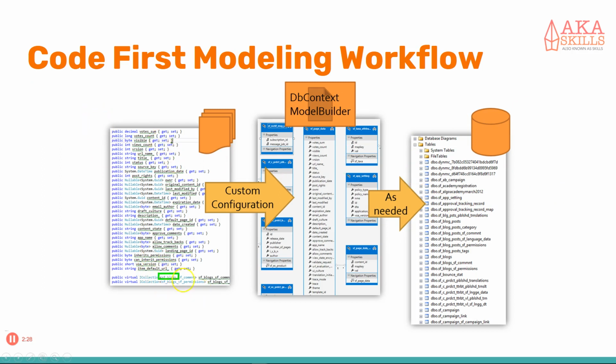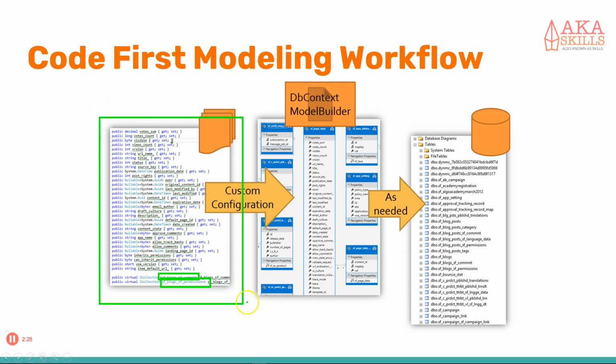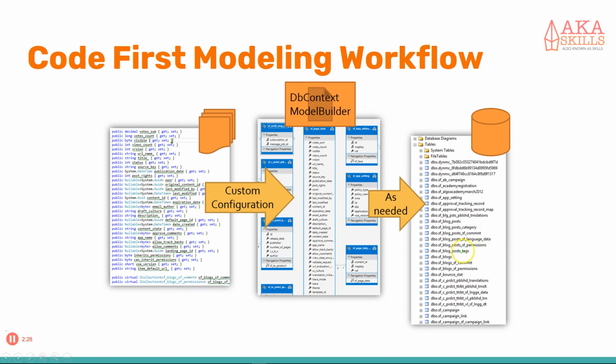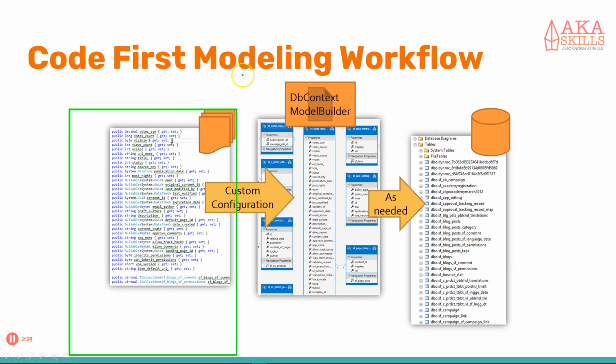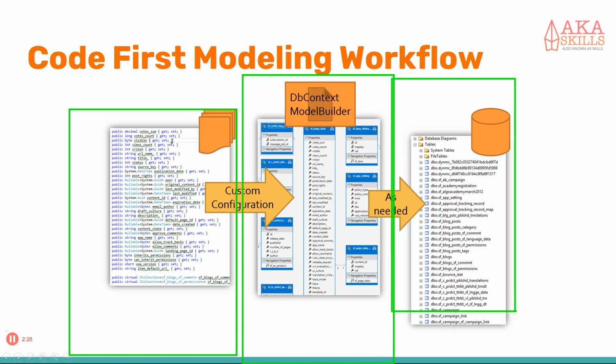So this is some table, this is some table, and the one where we are right now is some table; these are three classes for which we got three different tables. So from code we go to the Visual Studio Designer generator, and after that we have generated databases together with tables, fields and properties inside SQL Server.